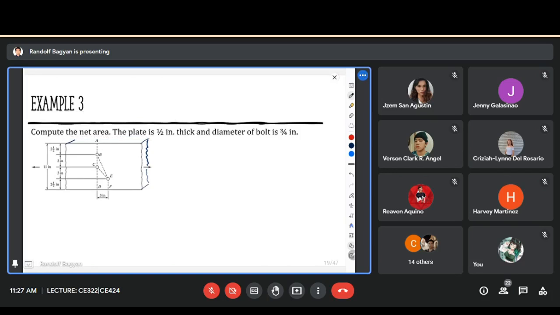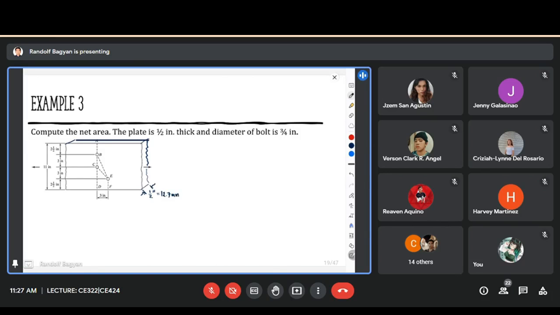So yung thickness na yan is 1/2 inch, or in millimeters is equal to 0.5 times 25.4, 12.7.